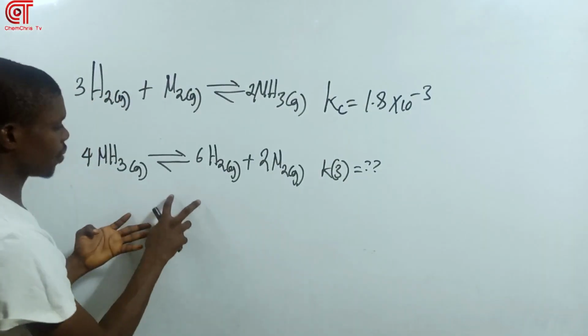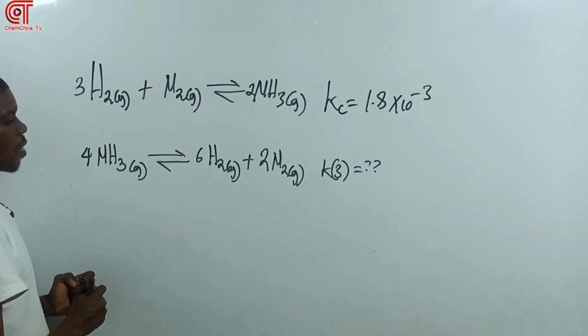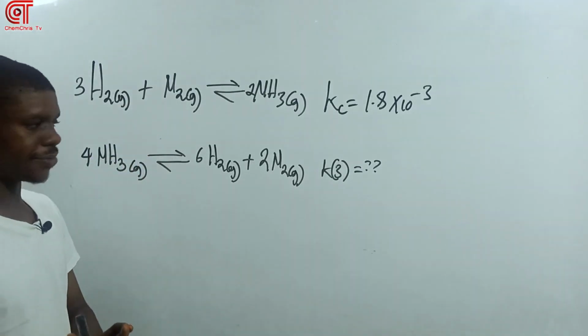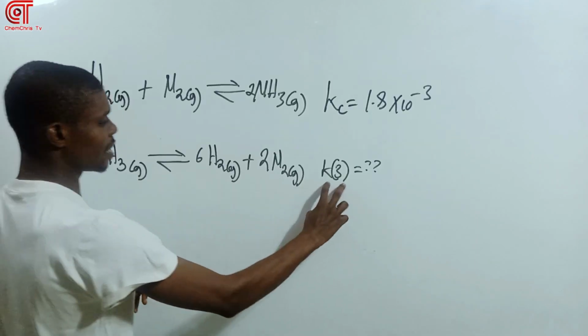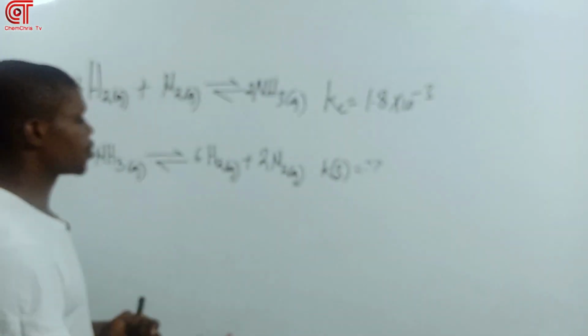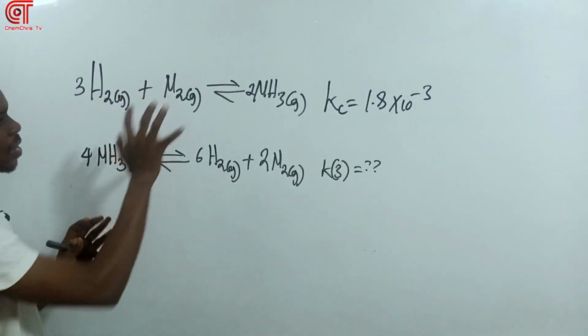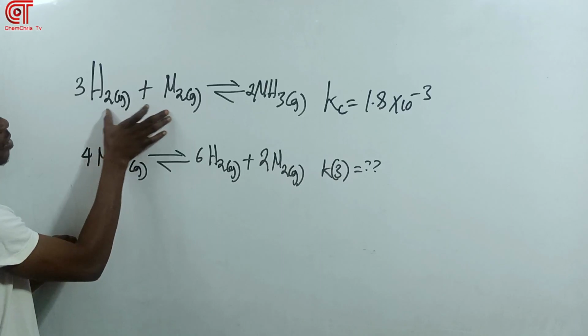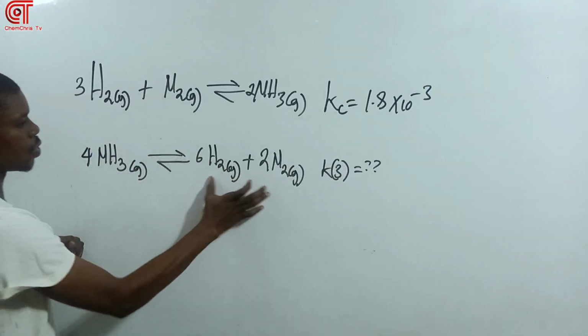So now look at this third reaction here. It is still the same reaction, but with a little change. They are asking about the K for this particular reaction with respect to this other one. The first thing we want to do is check if it is the same: find out the reactant side and the product side.